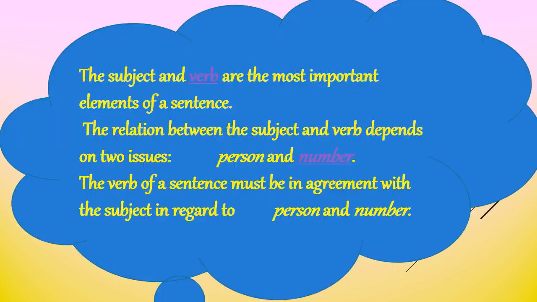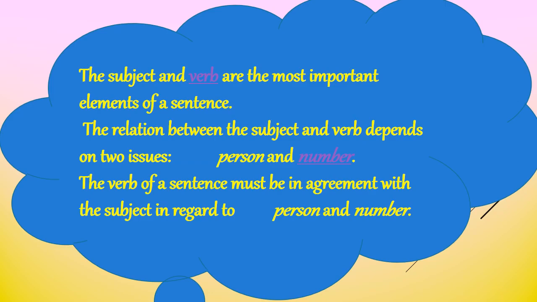So let us begin with the subject and verb. The subject and verb are the most important elements of a sentence. The relation between the subject and the verb depends on two issues, person and number. The verb of a sentence must be in agreement with the subject in regard to person and number.